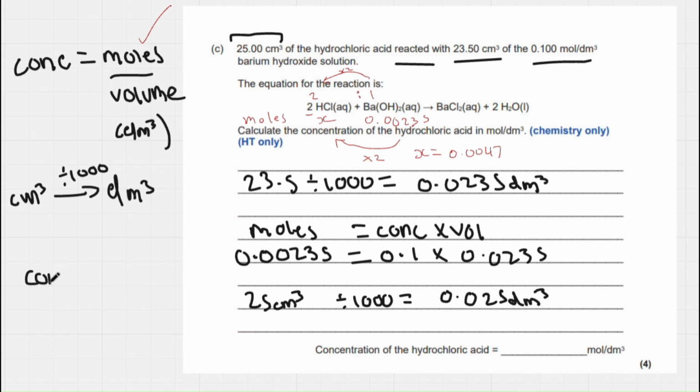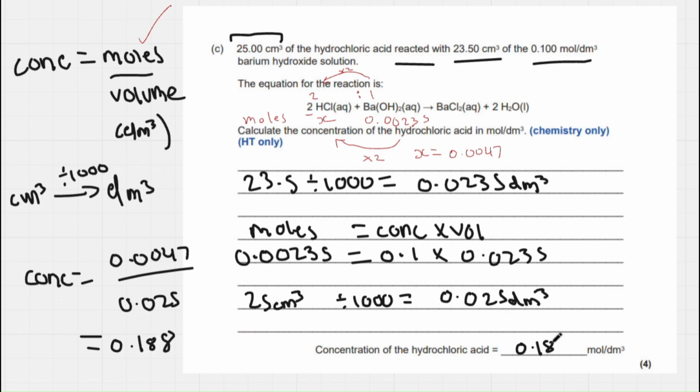So concentration of hydrochloric acid equals moles, which is 0.0047, divided by 0.025, and that gives us 0.188. And that is how we work out the concentration in moles decimeter cubed.